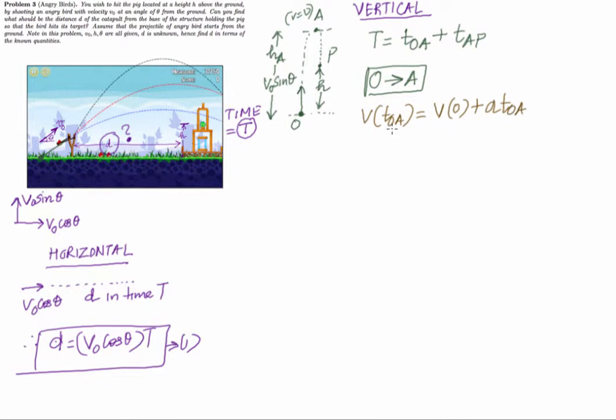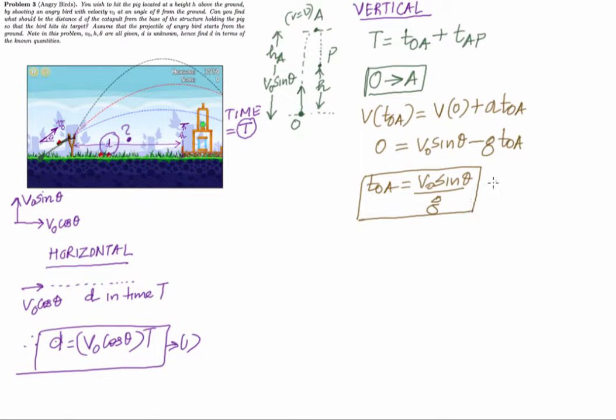Now v at t OA means v at the time when the angry bird reaches A. This is 0. v0 is v naught sin theta. Acceleration is minus g. So t OA is v naught sin theta by g. I can call this equation 2.